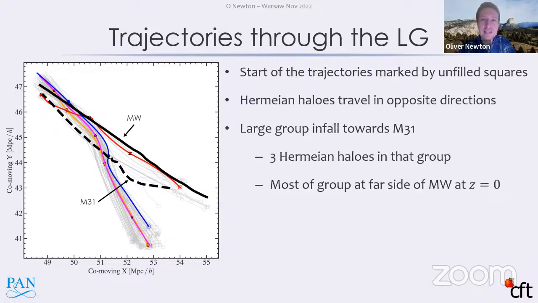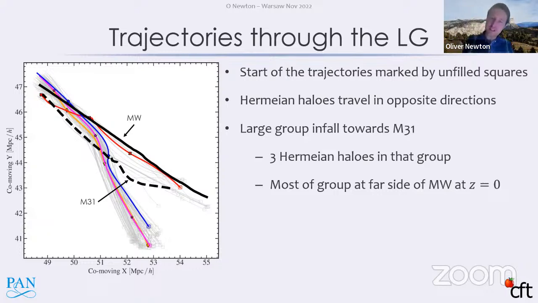It's easy to see that you have these two sets of halos that travel in opposite directions, and you have a large group infall towards M31 first that then travels on over to the Milky Way. And so this means that at redshift 0, most of the group end up on the far side of the Milky Way analog, and not so many on the other side of M31.